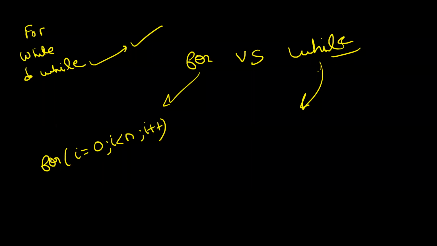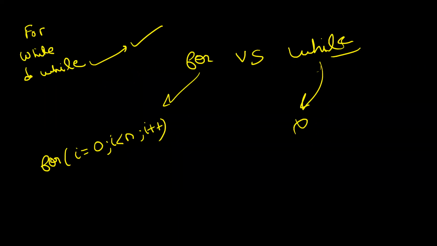As long as the condition is true, the while loop will keep on running. The moment the condition becomes false, the loop will stop running. So if you don't know how many iterations you need to run, if I don't know when the condition will become false, then just use a while loop. But if I know that I want to execute the loop for n number of times, or 20 or 30 times, go for a for loop, right?